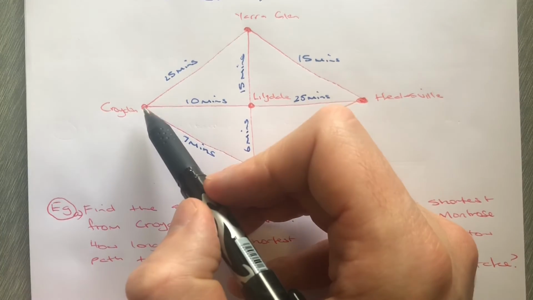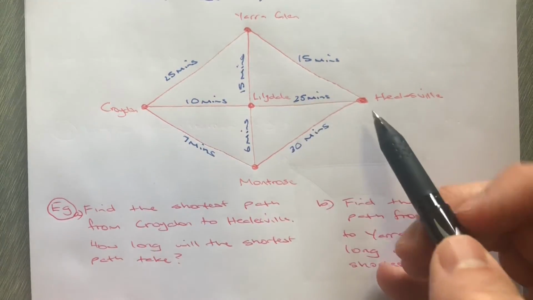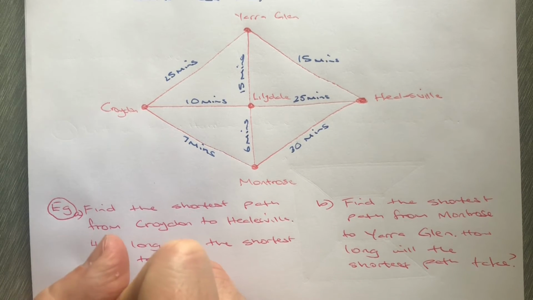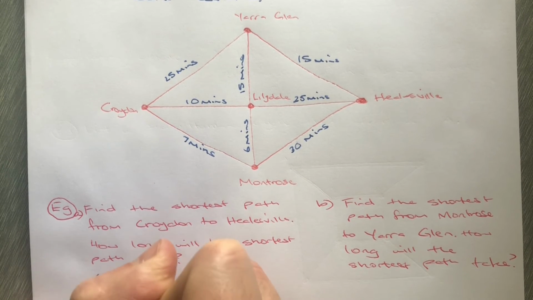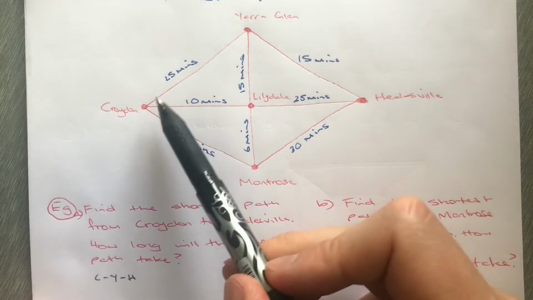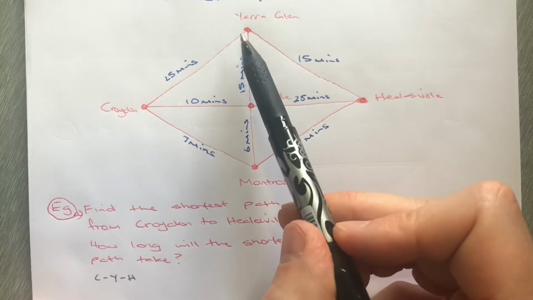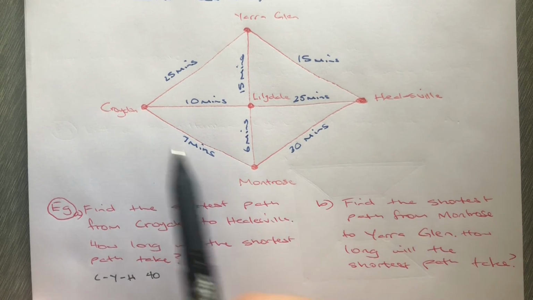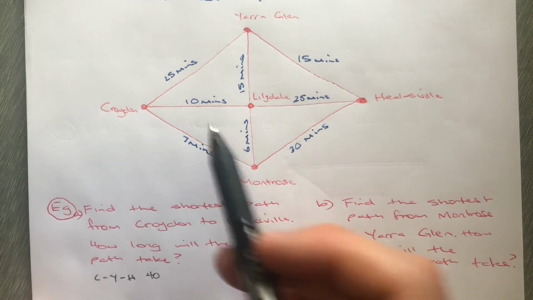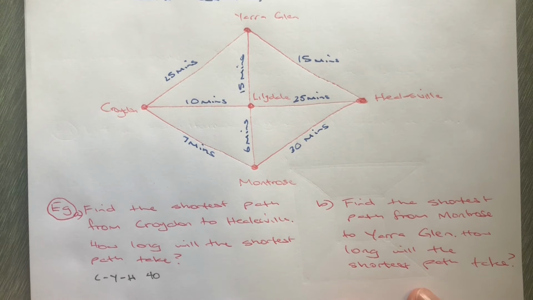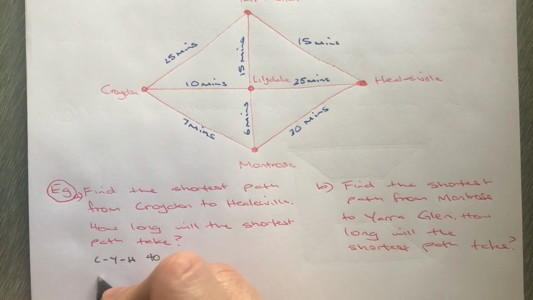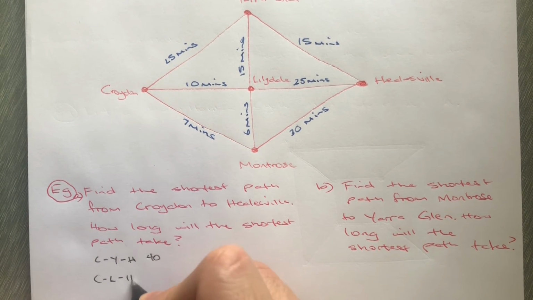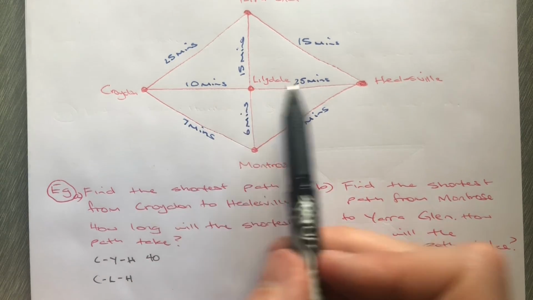So if we go Croydon to Yarra Glen to Healesville, I'm going to show that down here. Croydon, Yarra Glen, Healesville. That's going to take us 25 minutes plus 15 minutes, so that's 40 minutes. We could also go from Croydon to Lilydale to Healesville, and that's going to take us 35 minutes.